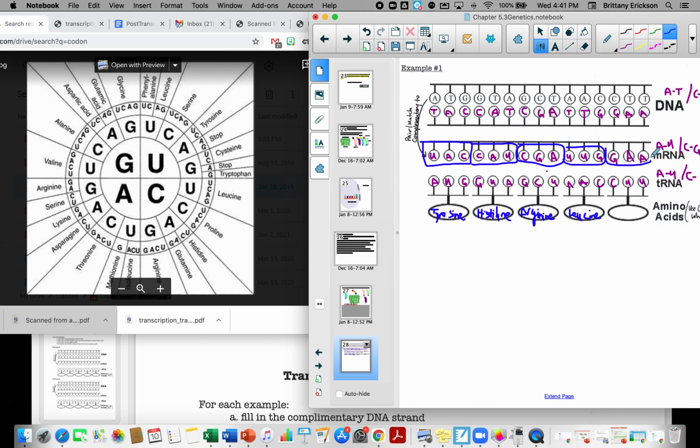And the final codon. Didn't think we would get there. GAA, glutamic acid.